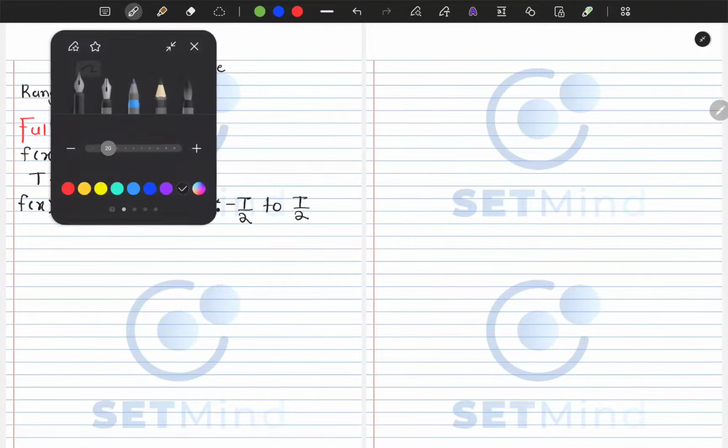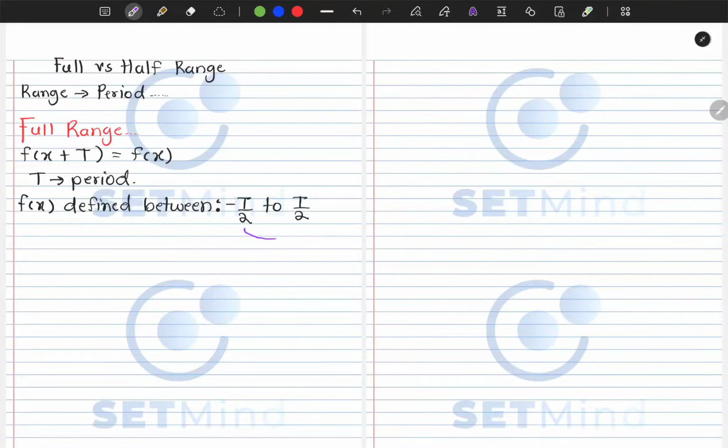If you think of this carefully, from negative T over 2 to T over 2, that is a full period. So this will be full range, because from that to that, we have a period of T in between.